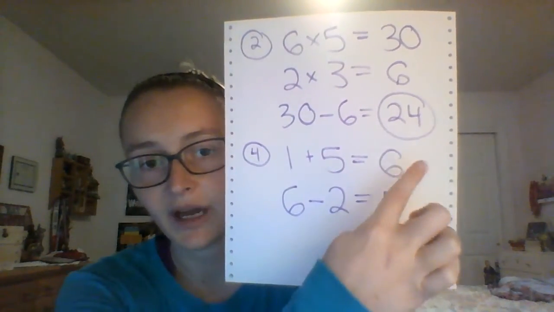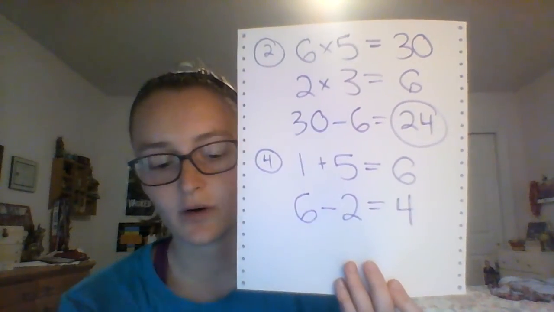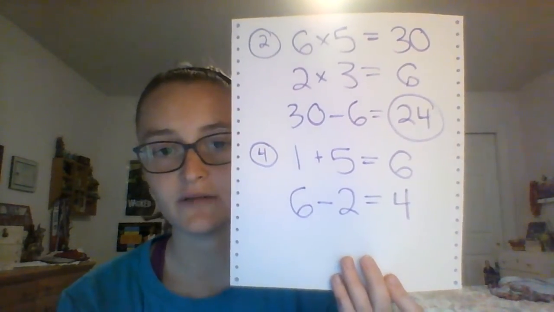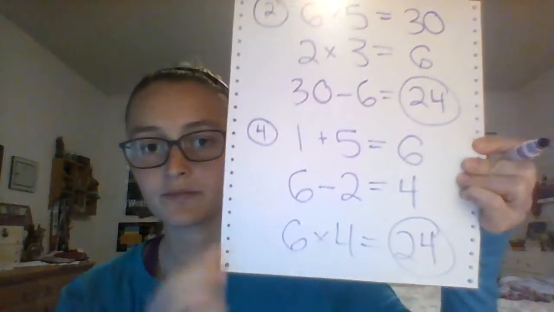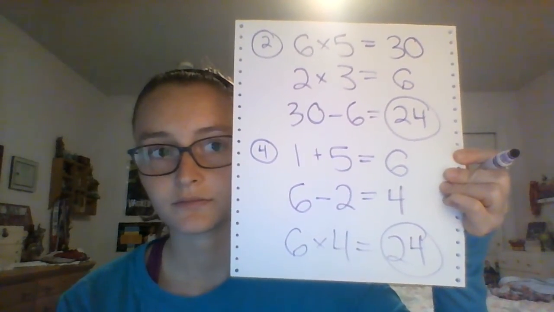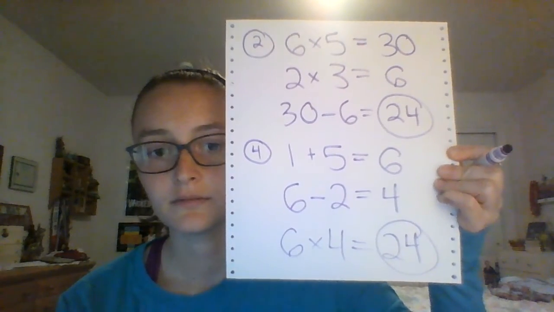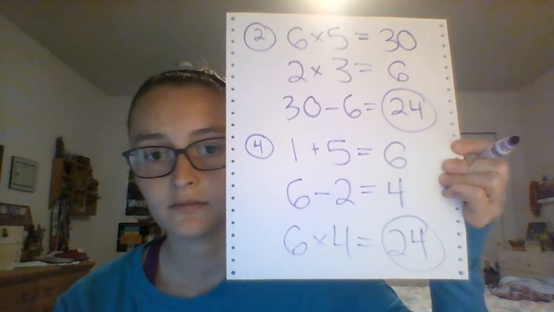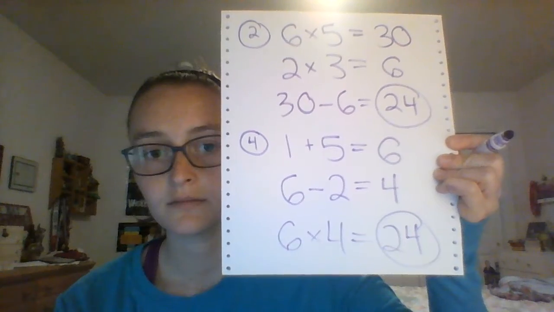And then we know that we can multiply 6 times 4 to get 24. Awesome. So that is all 4 problems that I had for you.